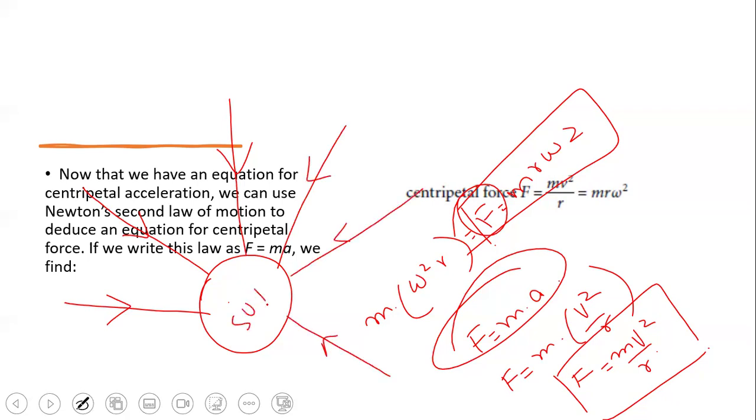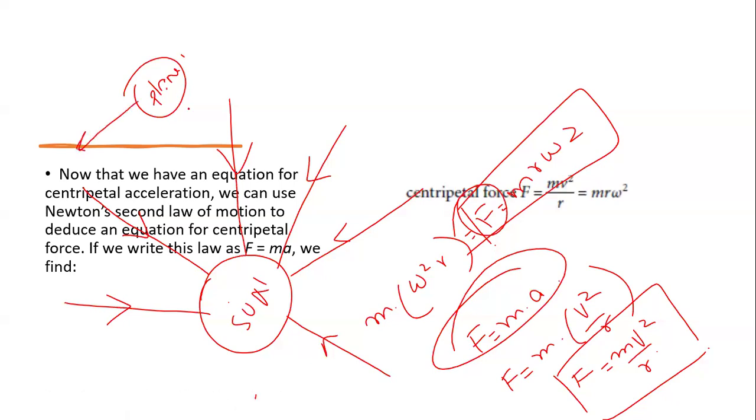So if this is my sun, this is the gravitational force produced by the sun. It is always going to be acting towards the center of the sun because gravitational force is attractive. It's trying to pull everything towards itself. This is my planet, and let's say it is traveling in a linear motion.